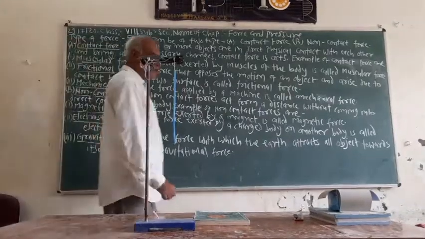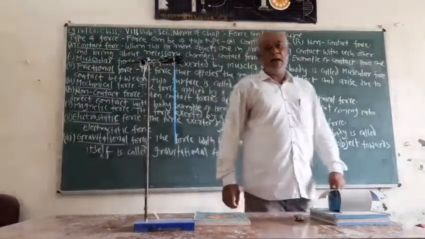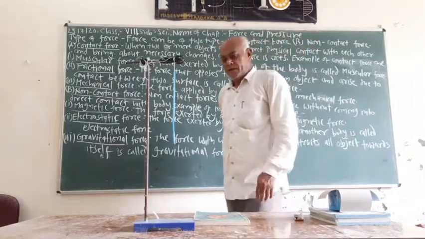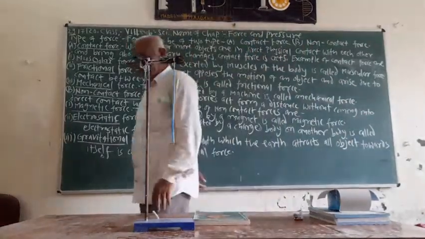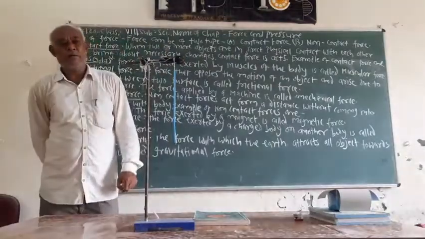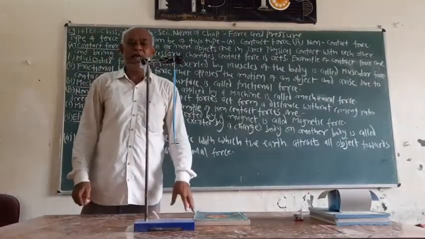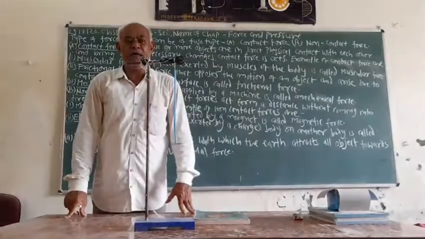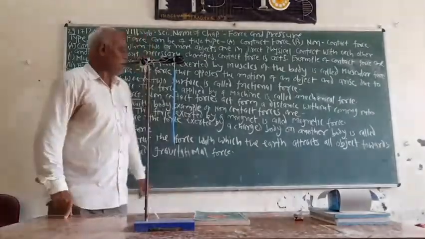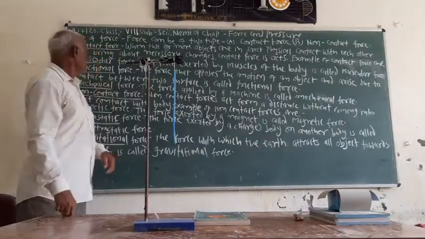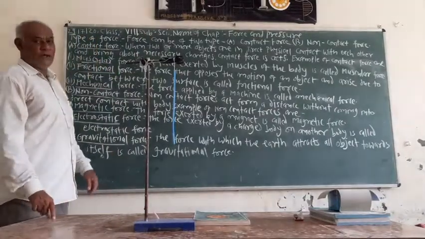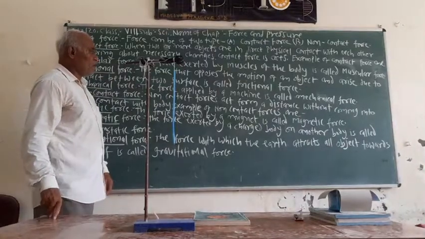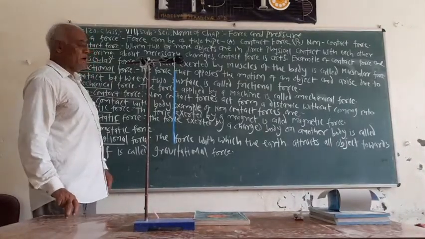Muscular force means force exerted by the muscles of the body. You know that we learned about the muscles in the chapter on cell structure and its functions. So muscular force is a force exerted by the body of living organisms on an object.